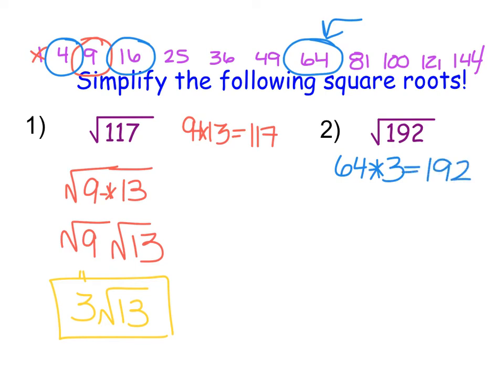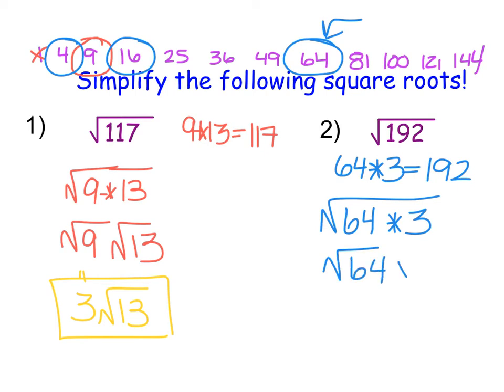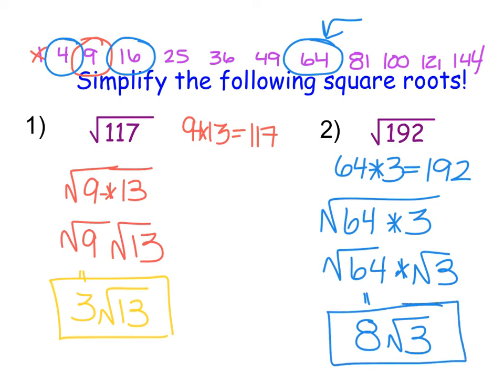So we take 192 and rewrite it as the square root of 64 times 3. So it becomes the square root of 64 times the square root of 3. Well, the square root of 64 is 8 without a root. And then we have the square root of 3, and 3 is not divisible by any perfect squares other than 1. So we know that that is fully simplified.